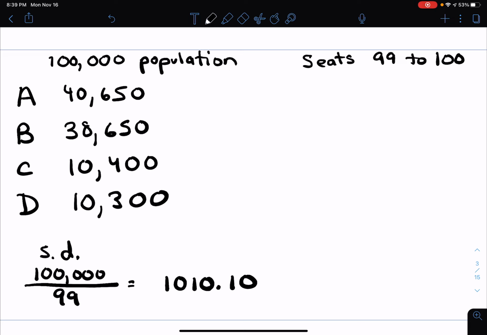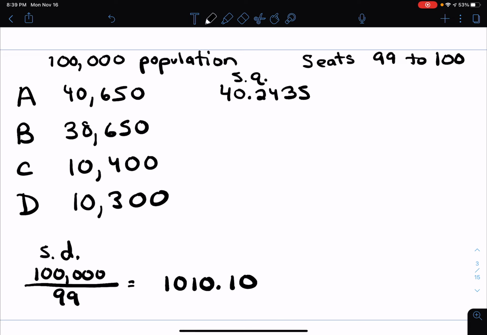All right, so then we can go through each state and figure out that state's standard quota. You take each state's population, divide by that standard divisor, and see what you end up with. So you can probably hear my calculator clicking away. I'm going to write it to 4 decimal places because remember, with this method, we're going to need to look at those decimal parts to decide how to award the leftovers.